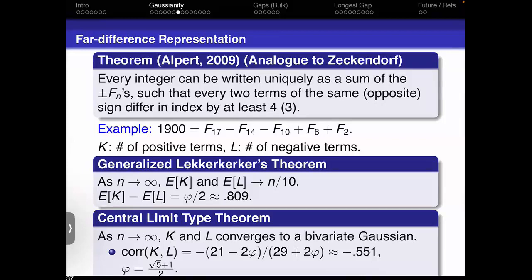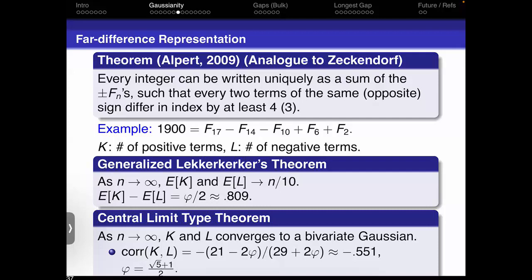And this gives you the advantage of essentially doing a signed decomposition. So for some things, it's convenient to be able to have plus or minus. And so it turns out you could write every number as a sum or difference of Fibonacci numbers with the following rule. Whenever you have two terms next to each other, if they're both positive or they're both negative, then the indices have to differ by at least 4.